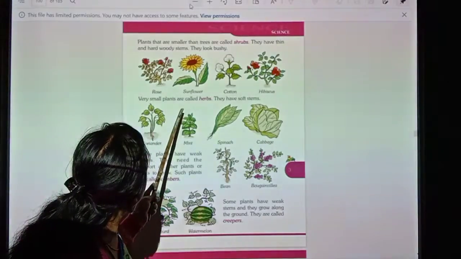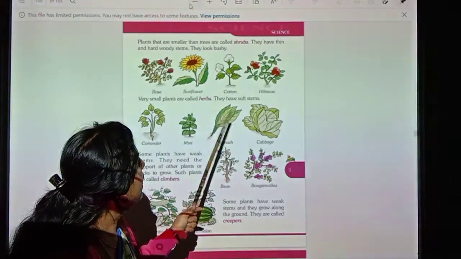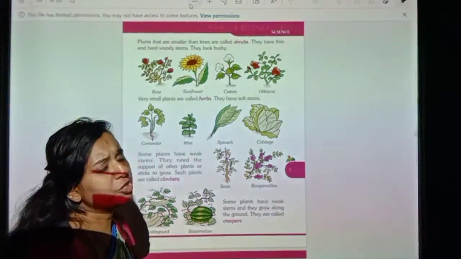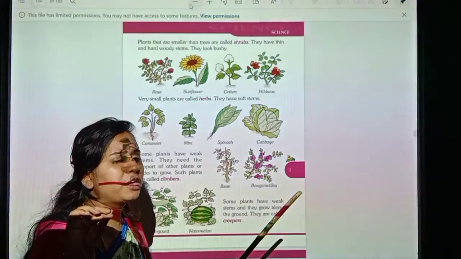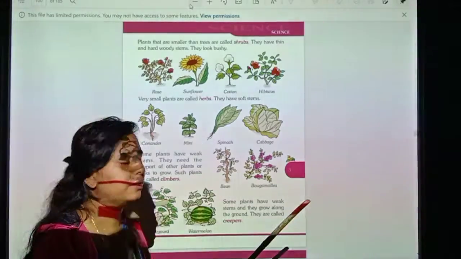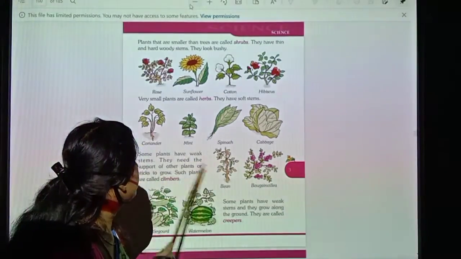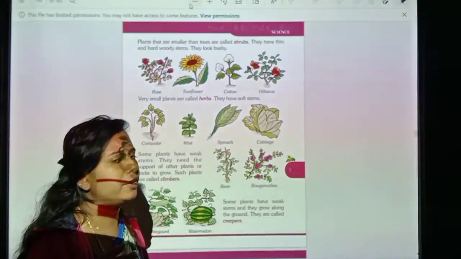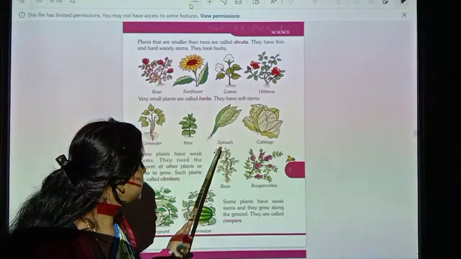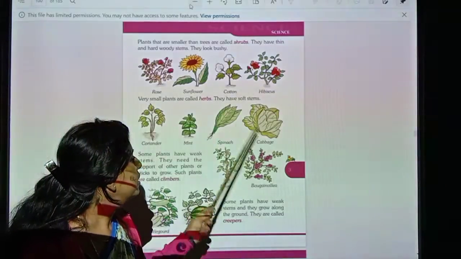And very small plants are called herbs. They have a soft stem. Herbs are small plants, but very soft and thin. Like coriander. Coriander we can pick with our hand itself. Even mint, spinach, cucumber.